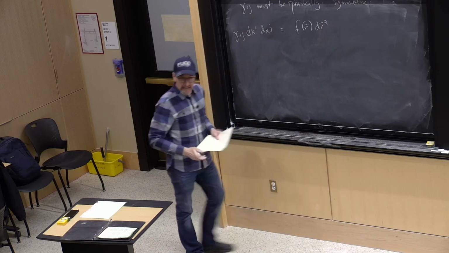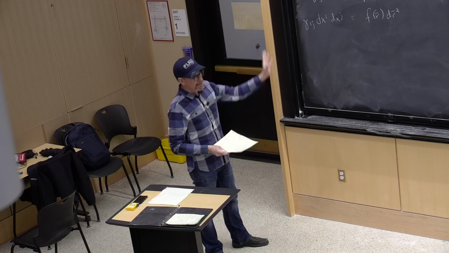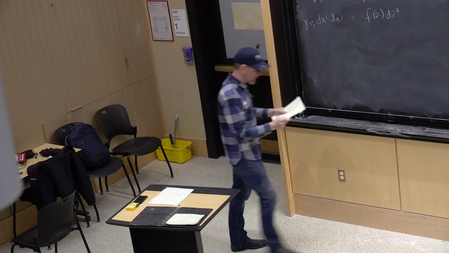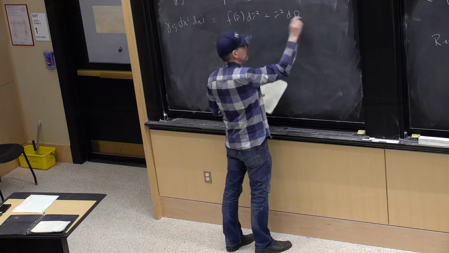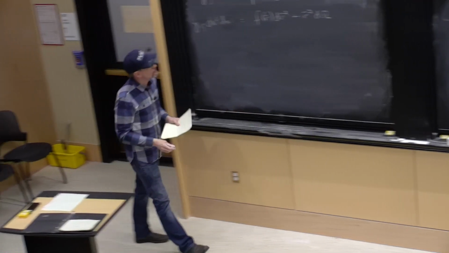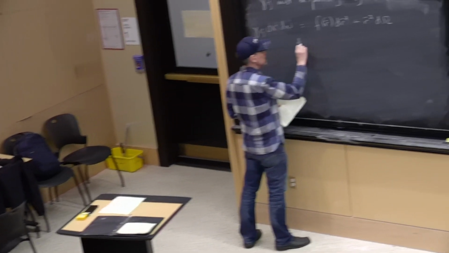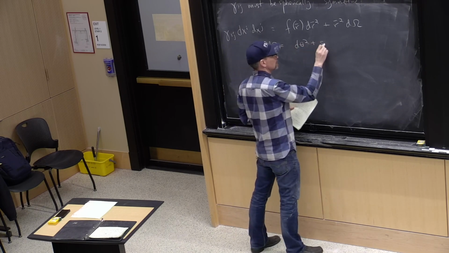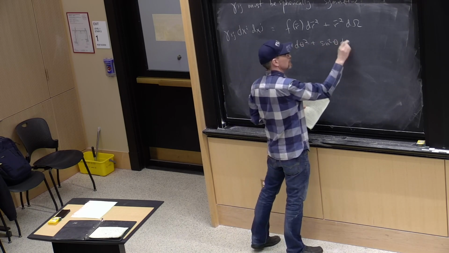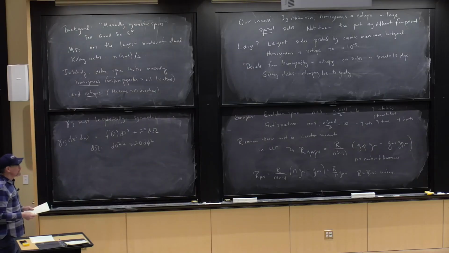The bar on that radius just reminds you this is meant to be a dimensionless notion of radius. Remember, all length scales are going to be absorbed into the function capital R. It's r-bar squared d omega, and my angular sector is just related to spherical coordinate angles in the usual way.